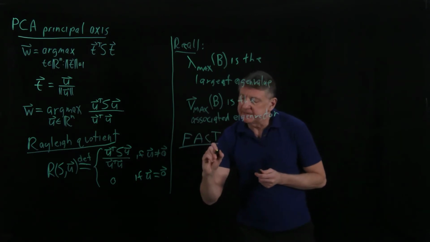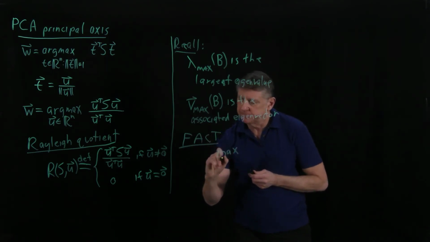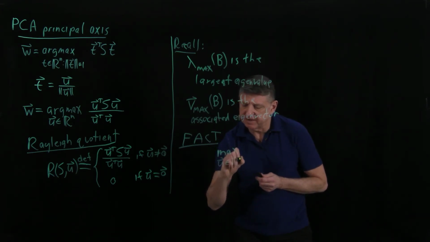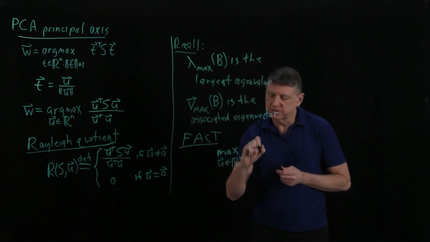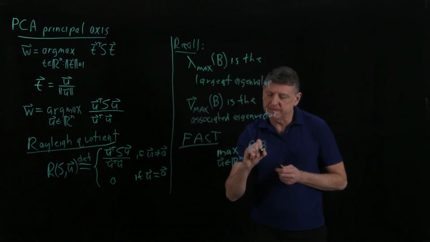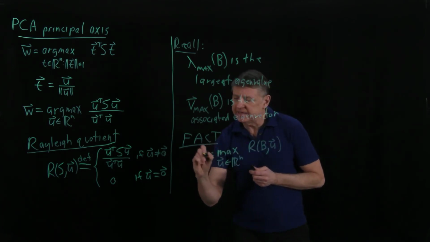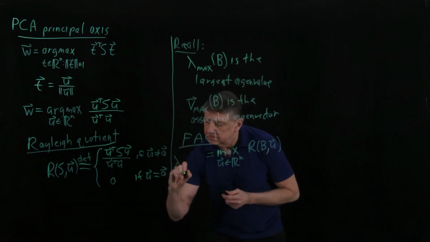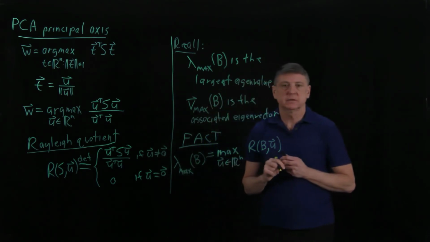If we take the ordinary maximum over all u vectors that have n entries of the Rayleigh quotient of any matrix and a u vector, that equals lambda max of that matrix.